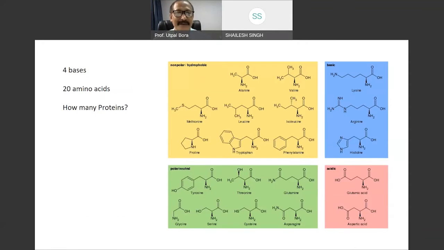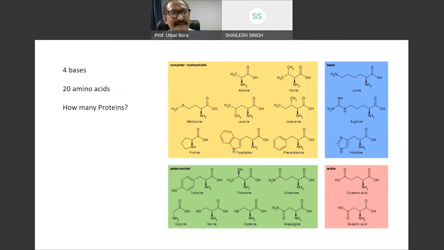Now, one very basic concept, all of you know, we have four bases, and due to the codon usage they represent 20 different amino acids, right? So this is the basic concept in biology. We have around 20 amino acids, and these amino acids, as I already told you, constitute the protein polymers or polypeptides.